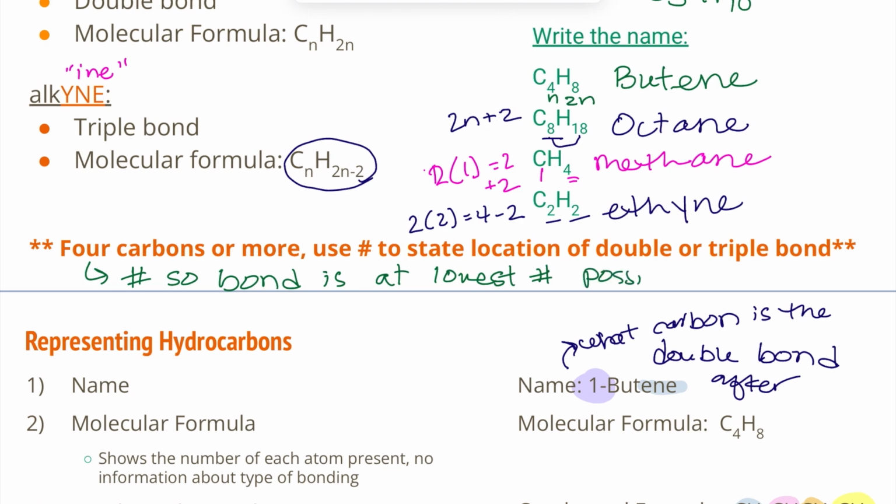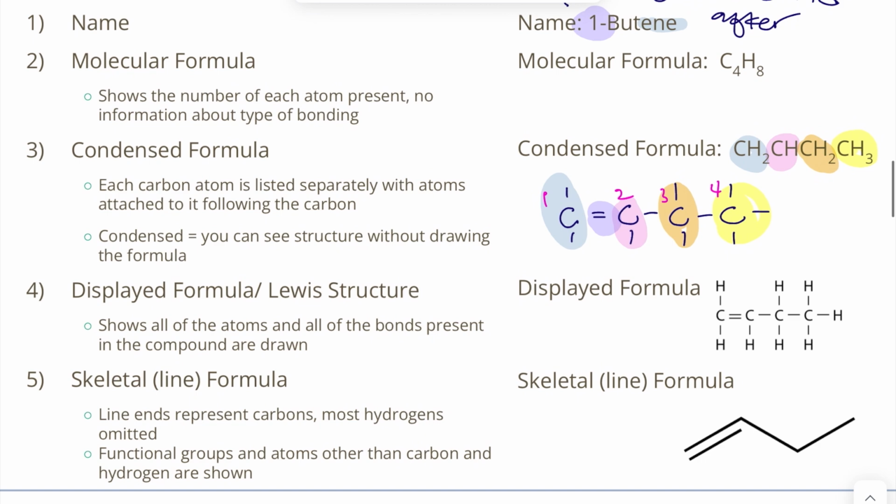We can start our numbering from either side based on how our structure is drawn. All right, and so this displayed formula would actually be more correct without the hydrogens. And we'll see if I remember to update that on your notes.